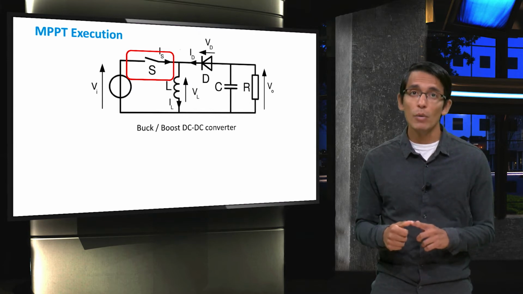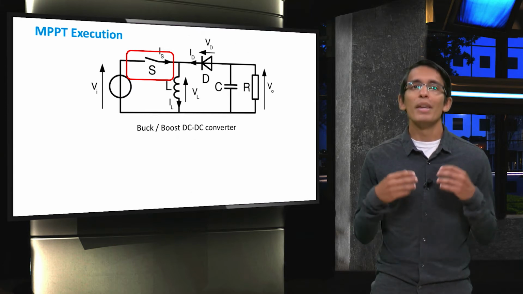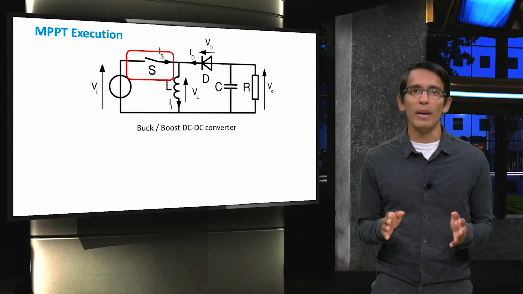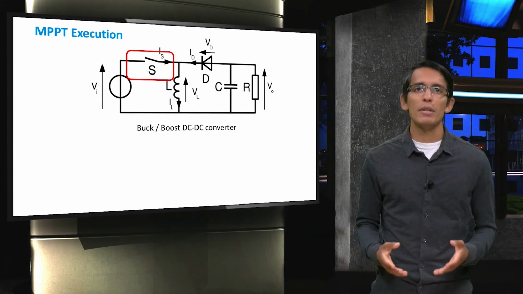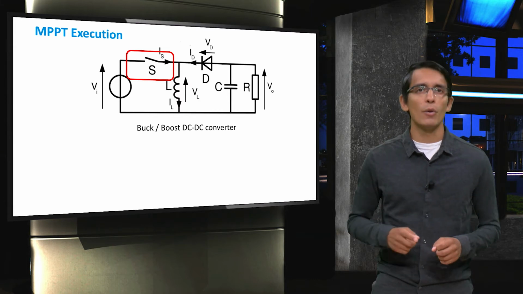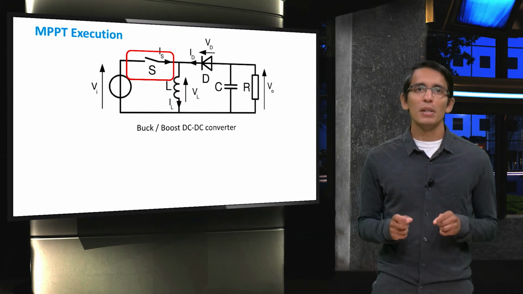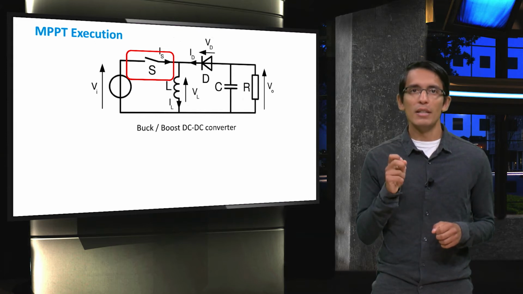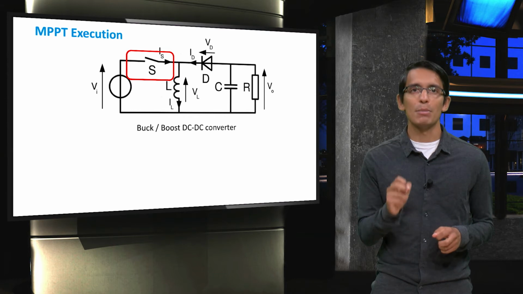If we know VO and we know VMPP, we can achieve this by switching S on and off in a controlled way. You will learn all about how to design this DC-DC converter and how to control S later in this course. For now, just realize that a DC-DC converter with an intelligent switch is the mechanism used to achieve maximum power point tracking.